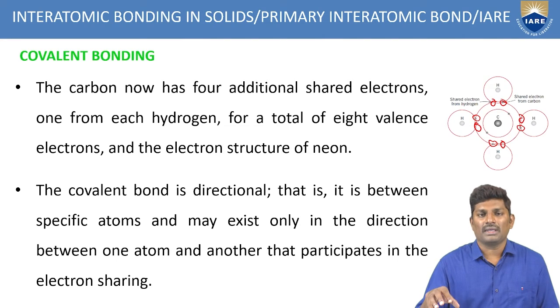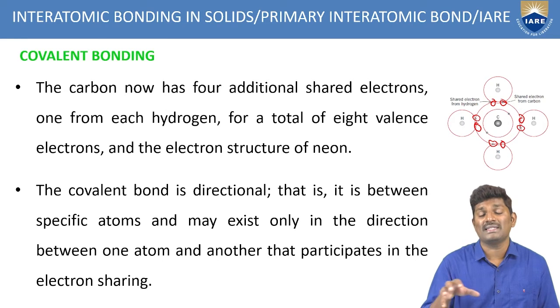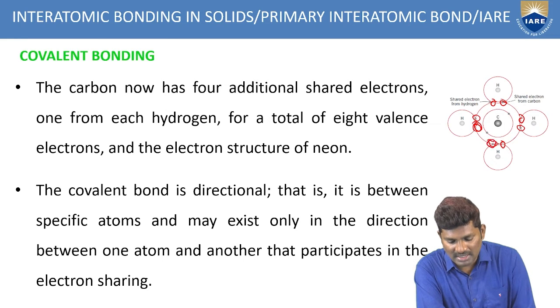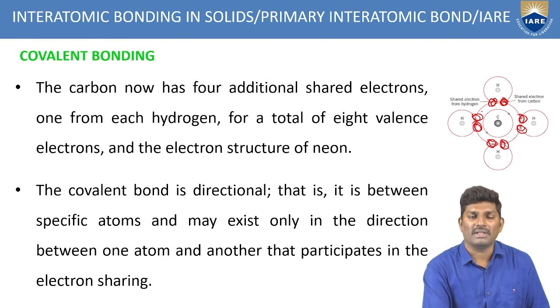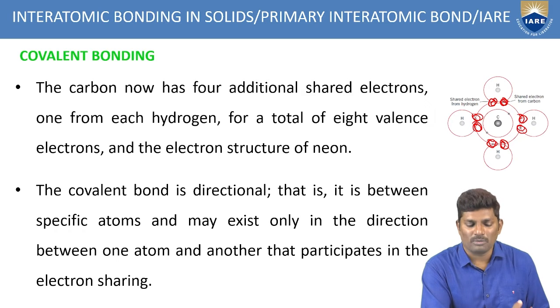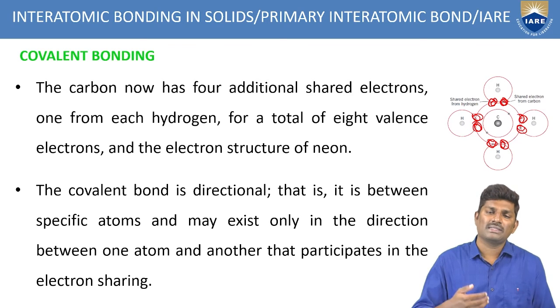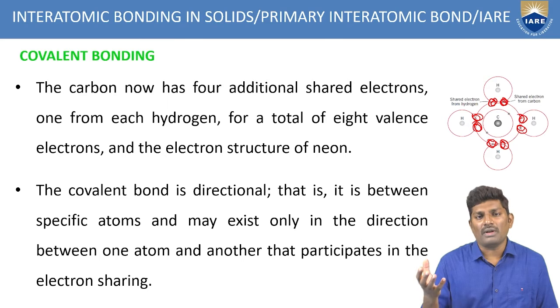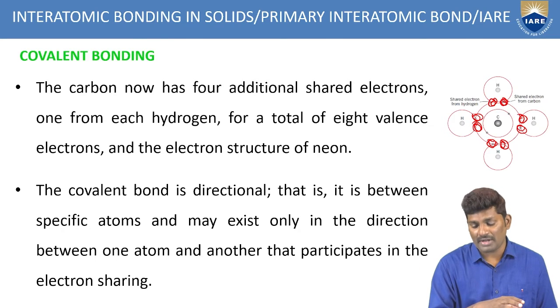So like this, the interatomic bonding is happening between the adjacent elements. Adjacent atoms like this are bonding to each other. This type of bonding, where bonding between adjacent elements is formed, is called a covalent bond. Since earlier carbon has 4, these 4 are again bonding with the hydrogen element.